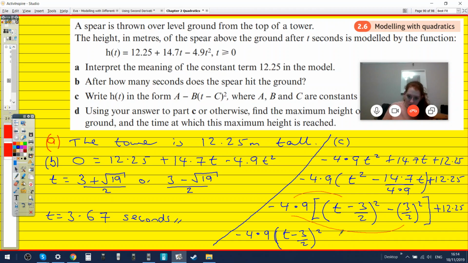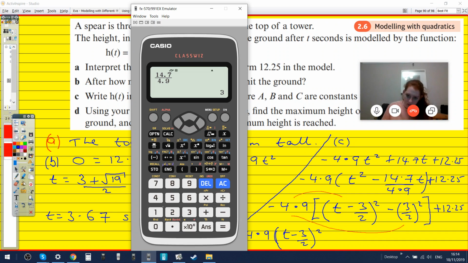Then it's minus 4.9 times the minus 3/2 squared. Mm-hmm. And that's minus 11.025.